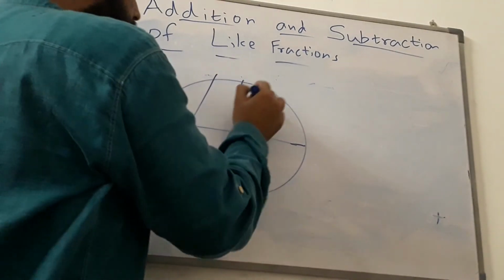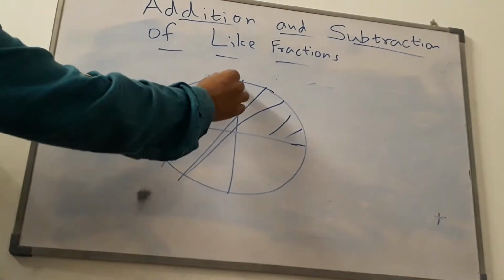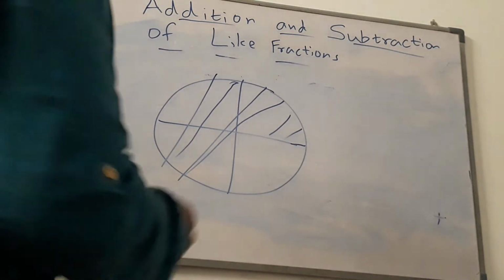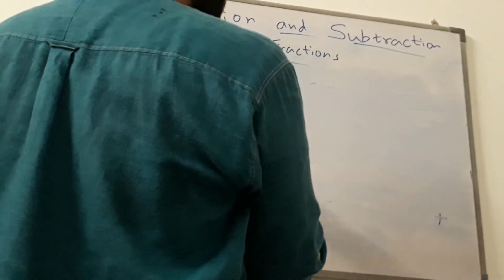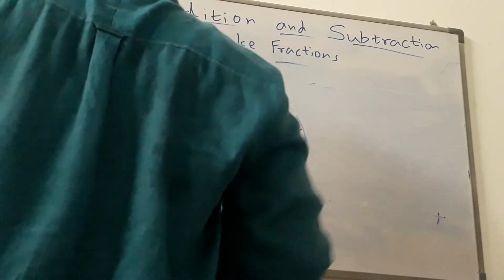There are 3/4 colored. I'm going to remove this 1/4. 3/4 are colored.